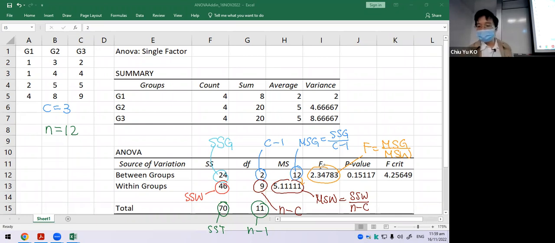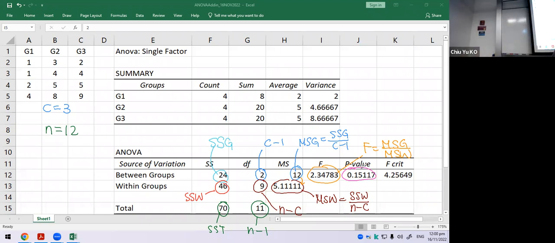And then you can calculate the p-value, which is the same as what we found, 15%. So you can't reject H0, which says that the three groups have the same mean. You can't reject it at 10%, 5%, or 1%, regardless of which one you use.